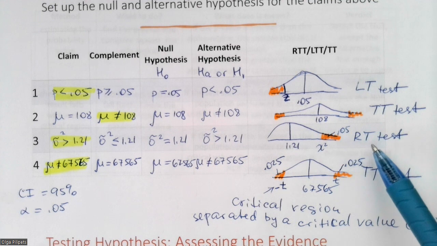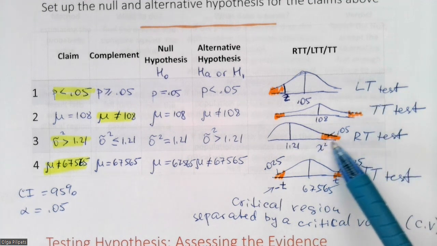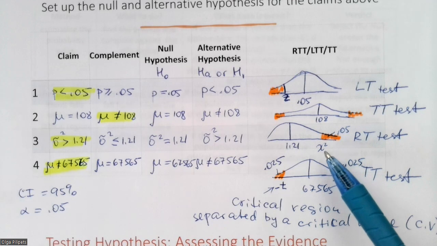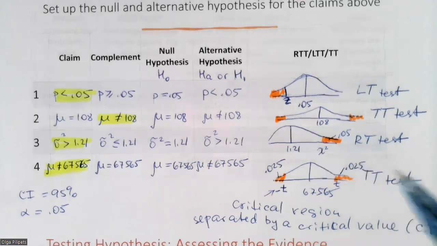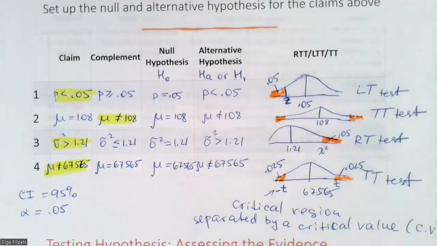Now, for a right tail test and left tail test, your entire alpha is going to be on one side, and you're going to have one critical region and one critical value. So keep that in mind.